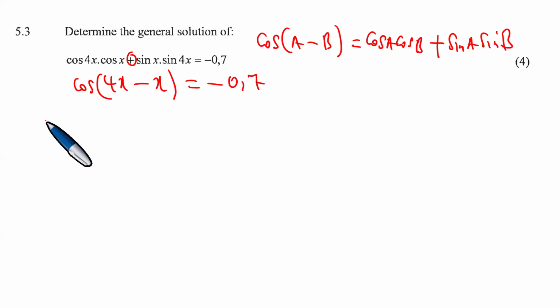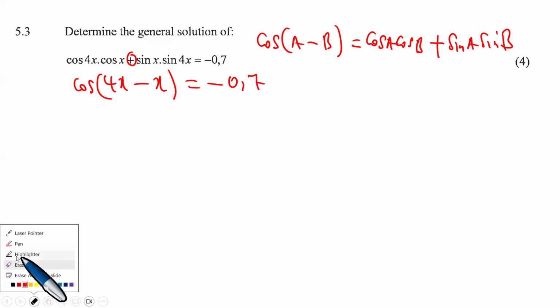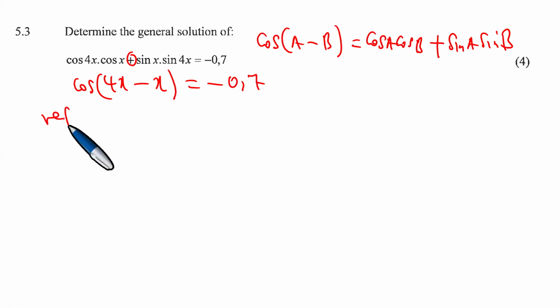So you can write in small letters here the reference angle. So the reference angle is going to be arc cosine of 0.7.